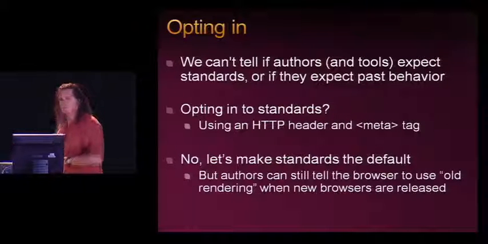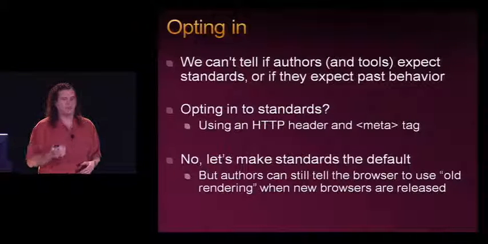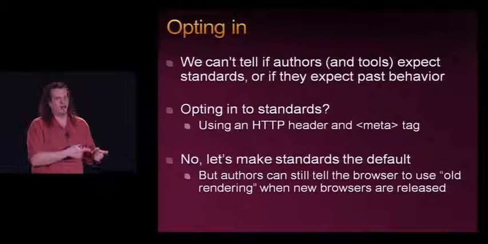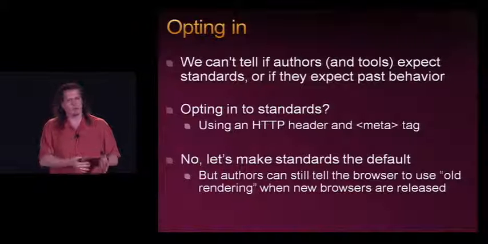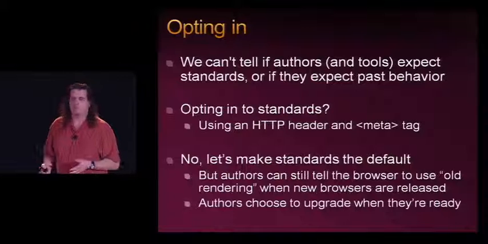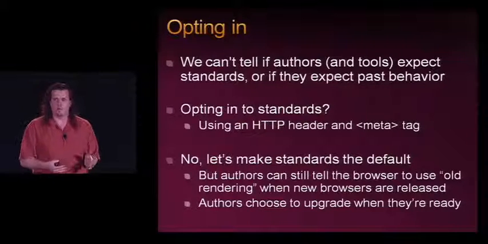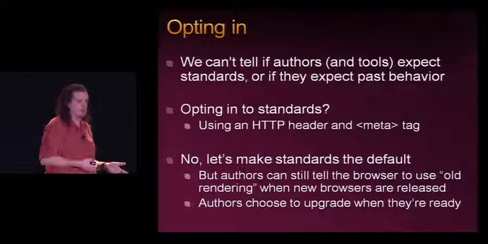Now, of course, authors can still, using the same HTTP header and meta tag approach, tell the browser, hey, go use the IE7 behavior or the IE8 behavior when you ship the next version of the browser. That way, authors can actually choose to upgrade their content to get it to work when they're ready. They don't have to do it every time we ship a new copy of the browser.